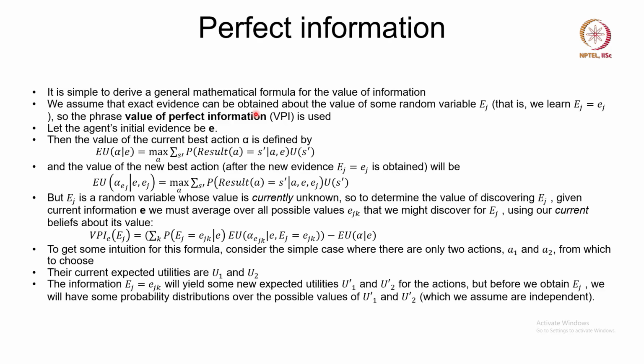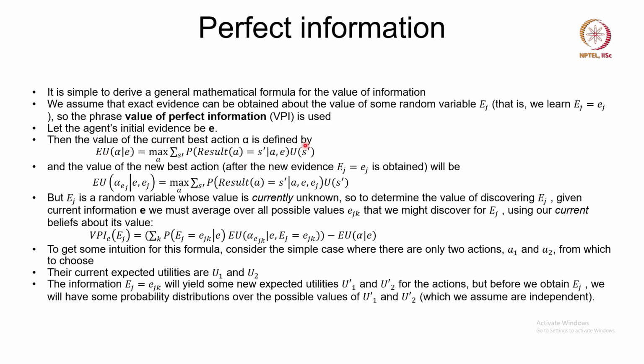So how do we get the formula for the value of information? We need to find the value of perfect information, right? So suppose we know that the expected utility of some action alpha given E is the max of the sum of P(RESULT(A) = S' | A, E) times U(S'), right?